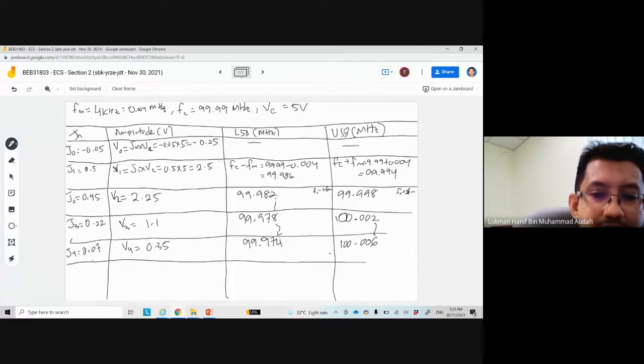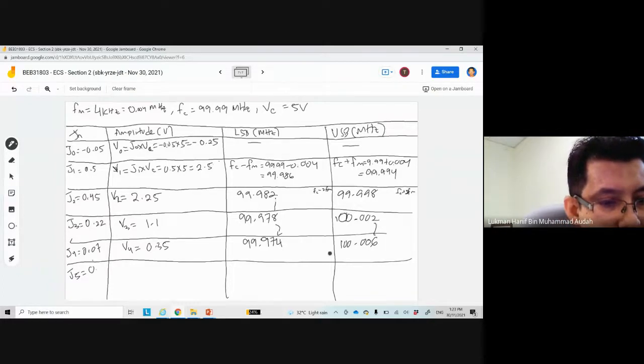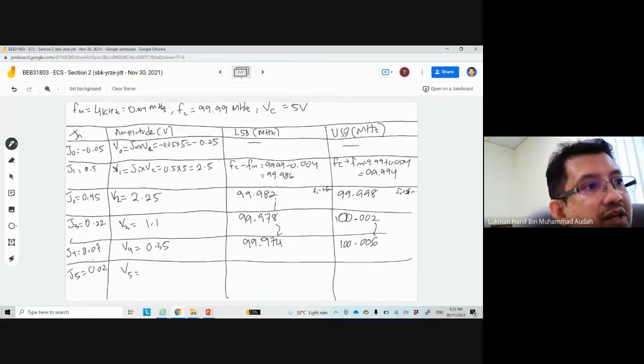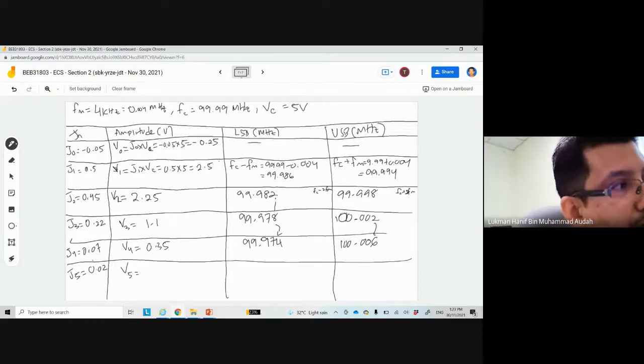The last one, J5. J5 is equal to 0.02. Therefore V5 is J5 times VC, so this is equal to 0.1 volt.